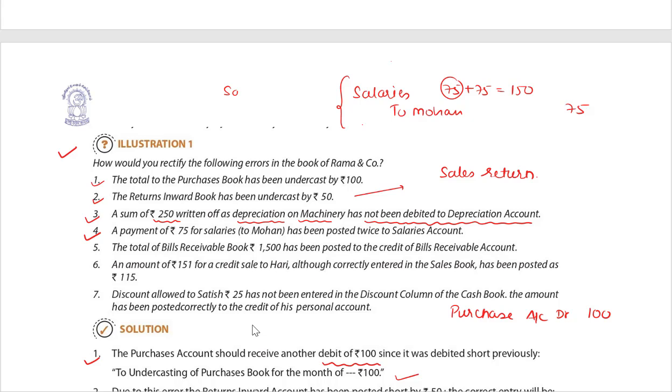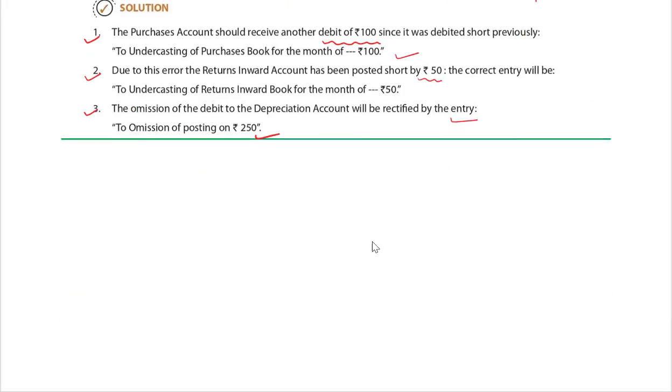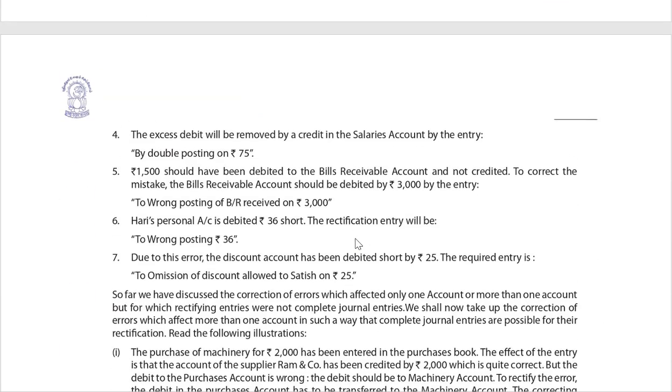What is the correct entry? The correct entry would be salary 75 to Mohan 75. And over here the salary is extra debited, so we will credit it and rectify it. Just see it over here. The excess of debit will be removed by a credit entry in the salary account for double posting of 75.